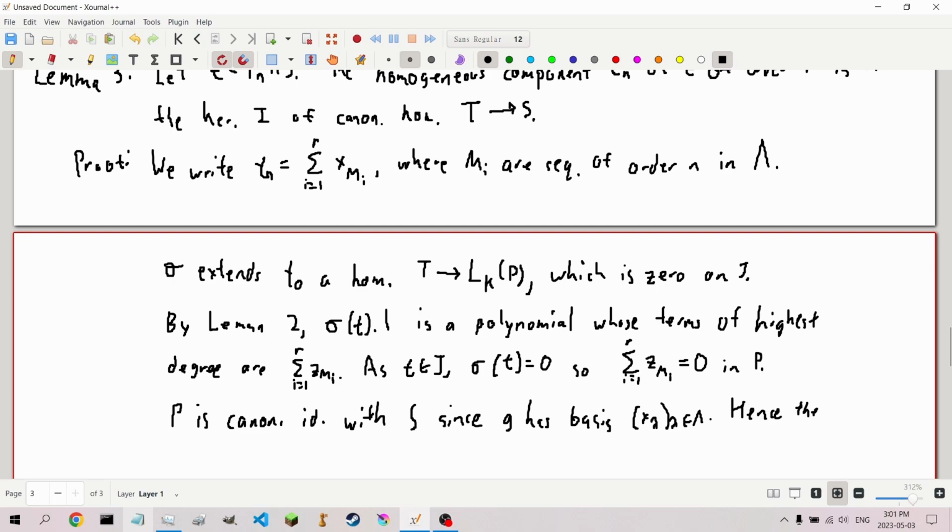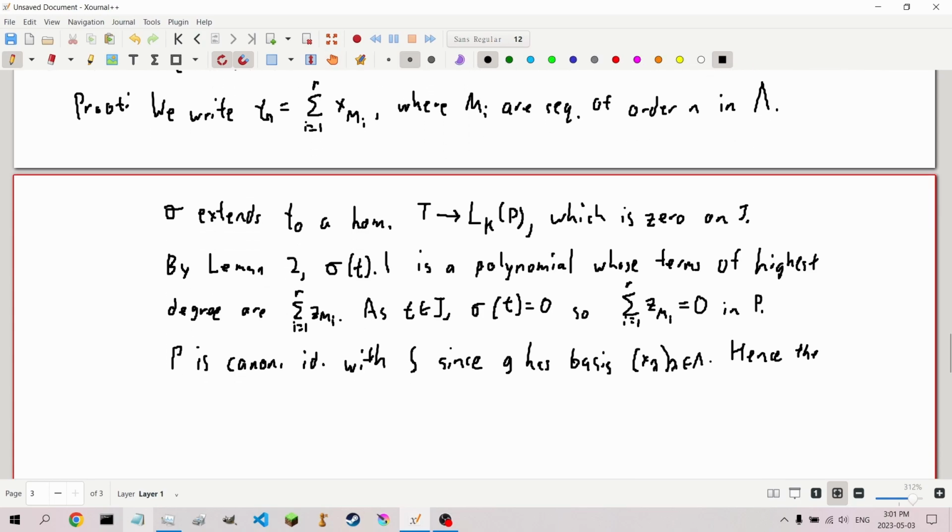Hence, the canonical image of our Tn and S is 0.